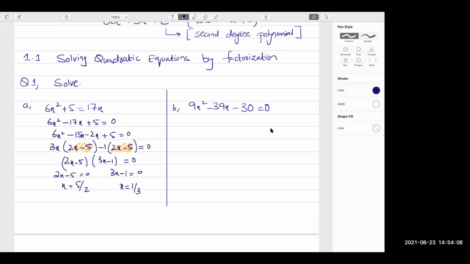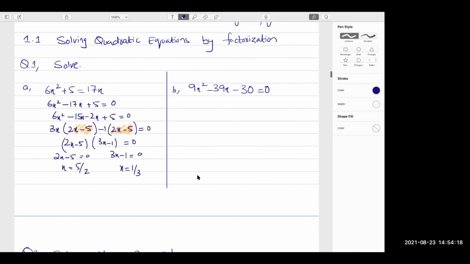If you're done with this, please move on to the second part. Is there a way to simplify this equation?